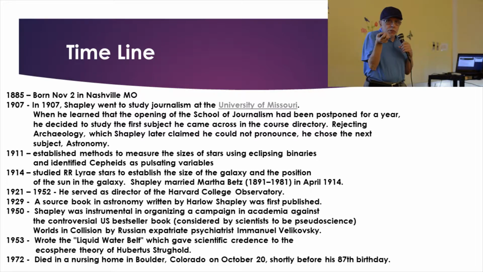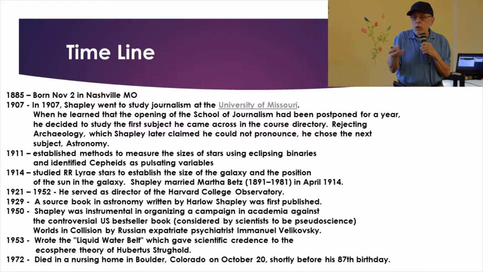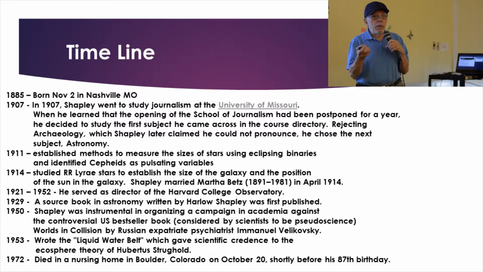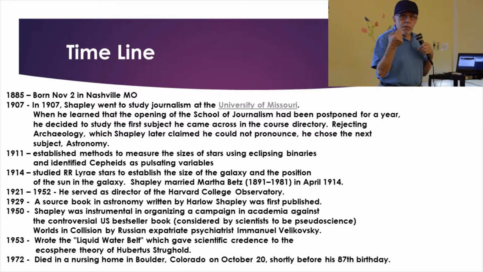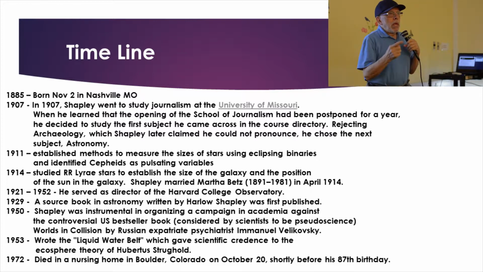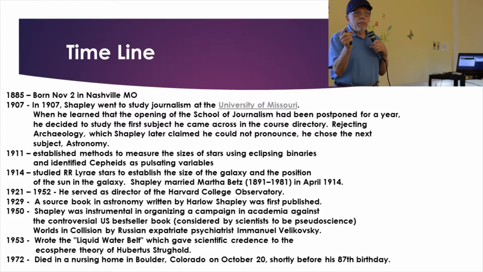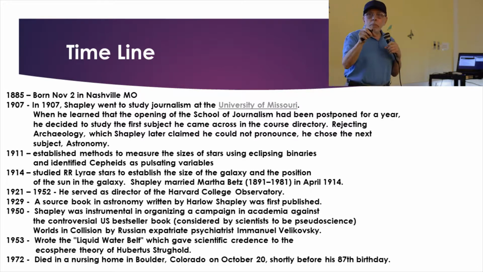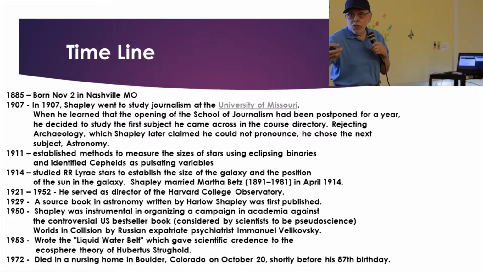So when the smaller star gets in front of the larger star, it dims the light a little bit. And many stars exhibit this characteristic. If we then measure how long it takes the smaller star to go in front of the larger star, and knowing the mass of the larger star from spectroscopy, in other words, we look at basically the temperature of the larger star and relate that to its mass, okay?